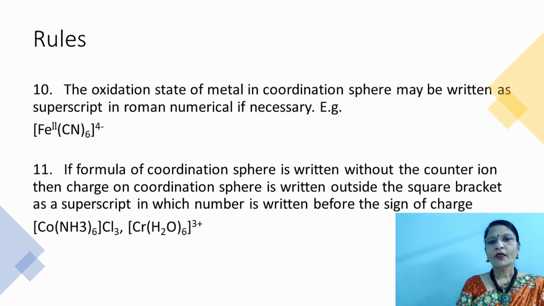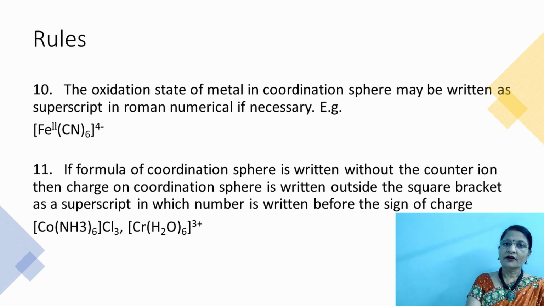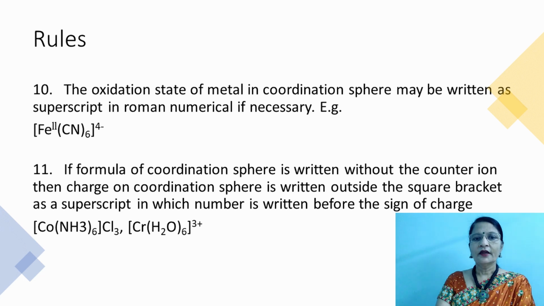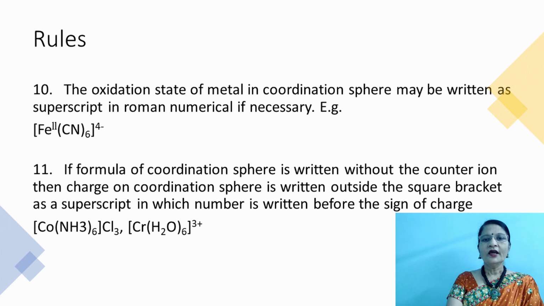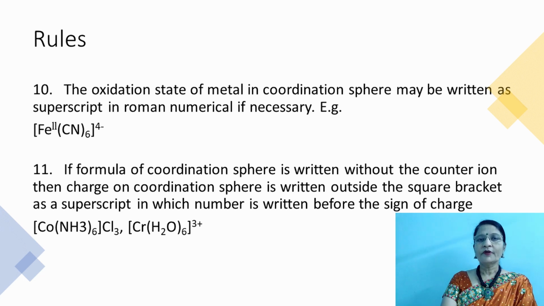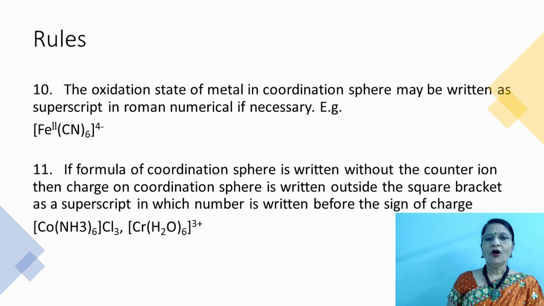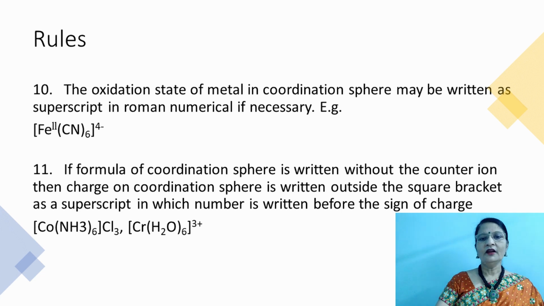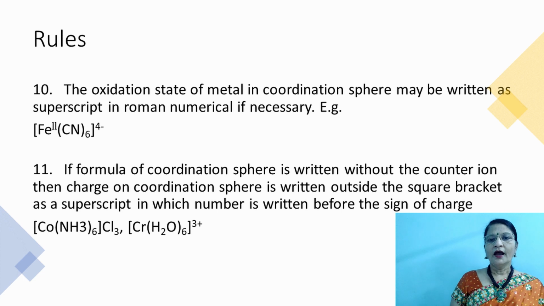In some cases it is necessary to write the oxidation number of the central metal ion. In that case, it is written as a superscript in Roman numerals on the central metal ion.